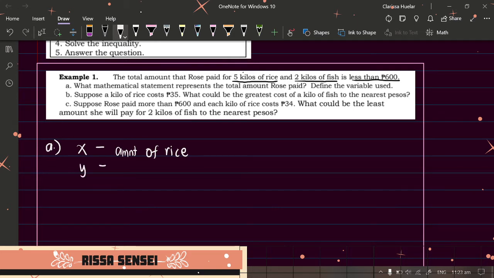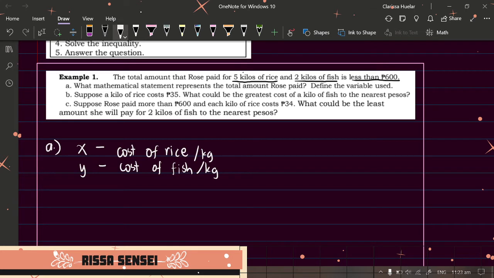Tapos, we let Y be the cost, kung magkano yung isda, 1 kilo ng isda. Cost of fish per kilogram. Ayan. Ayan yung variable natin.